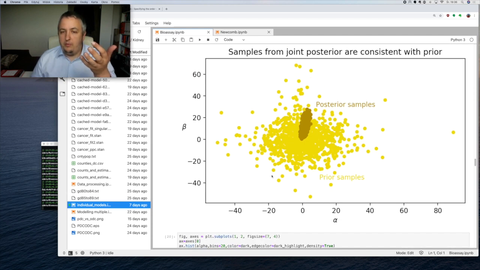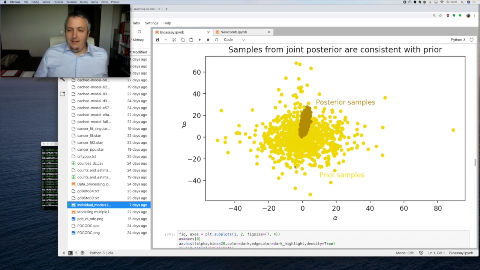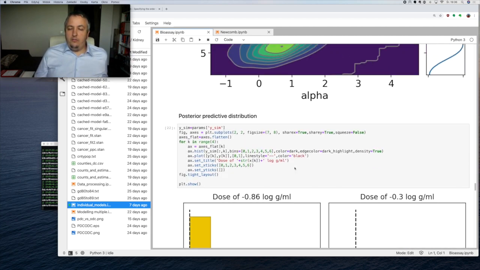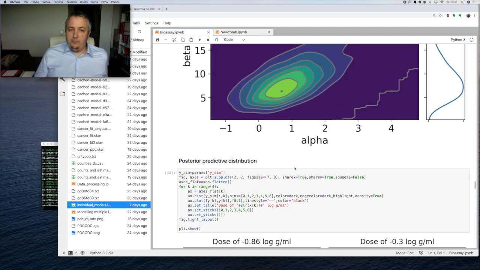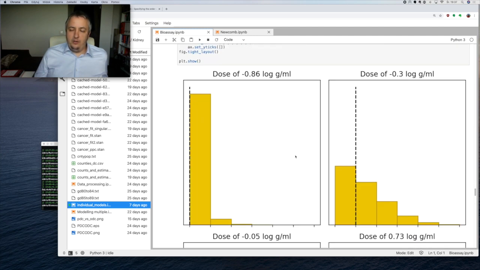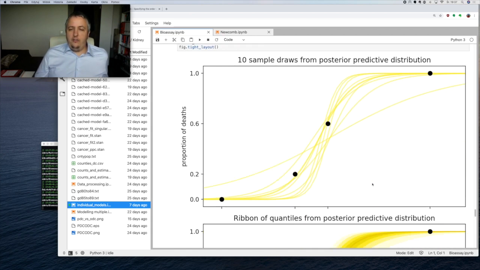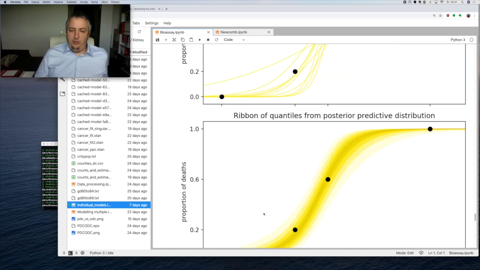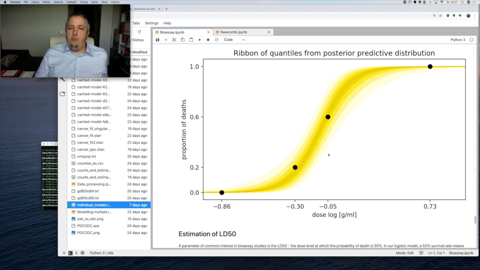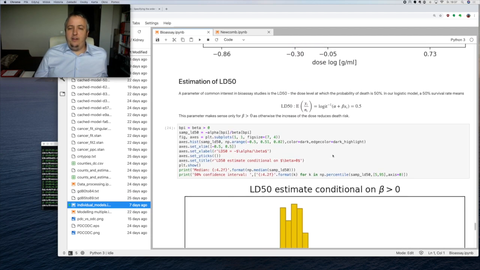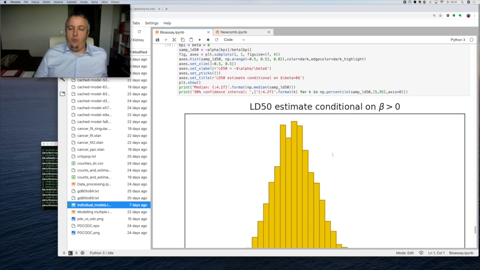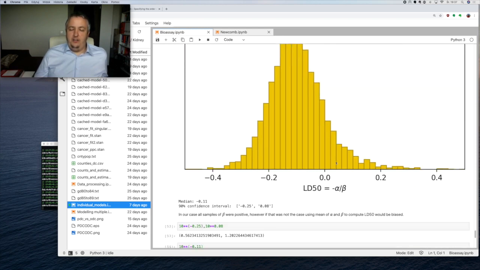So we performed analysis of the conditional distribution, and from that we got the posterior predictive distribution of outputs, which is consistent with our data. Again, it's nice, and it is a good base to see how our model looks, and we can verify it with a ribbon plot, and we can start answering the actual research question: what the LD50 value is.